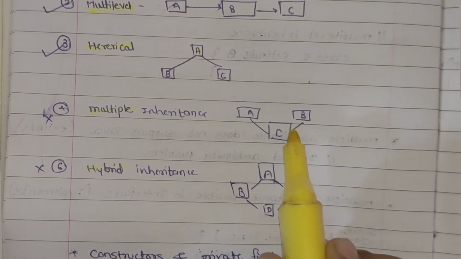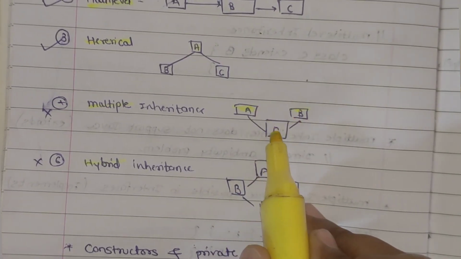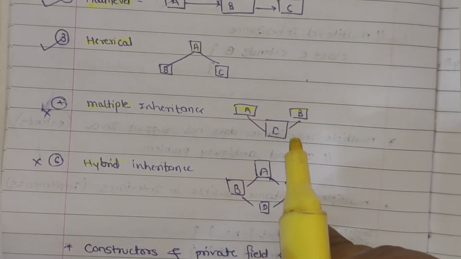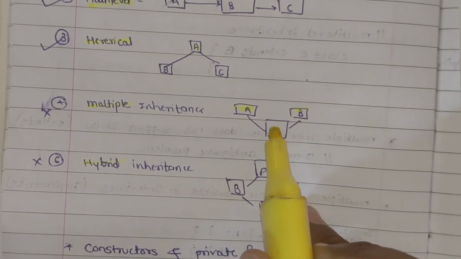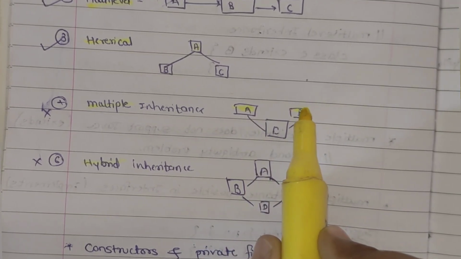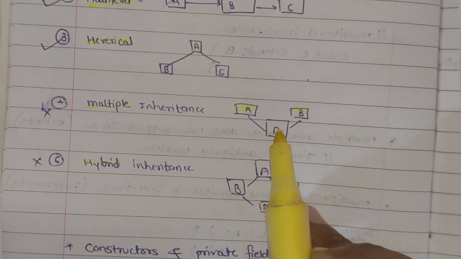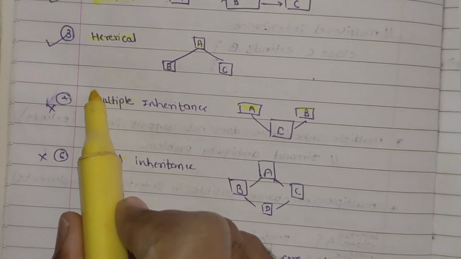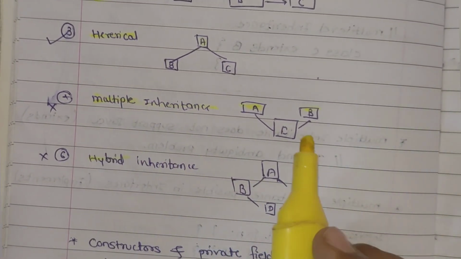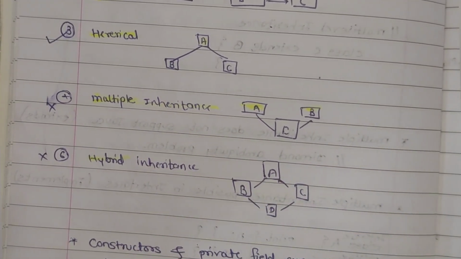Suppose there is one parent A, another parent B, and C extends both A and B. It will be confusing which method will be taken, the method from A or from B. This will create ambiguity for the application. So multiple inheritance is not possible in Java, because it will create ambiguity.